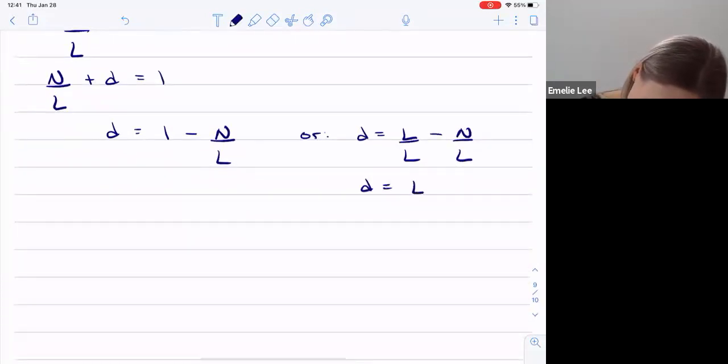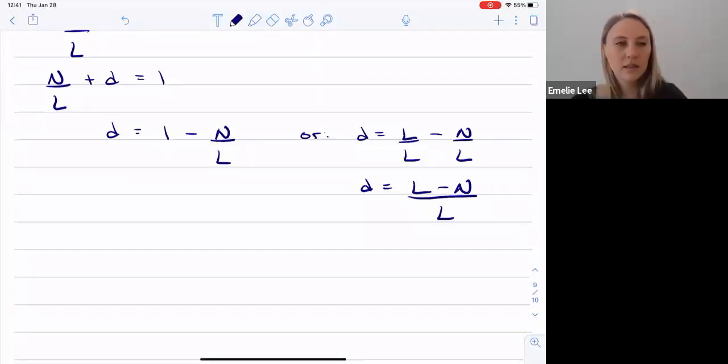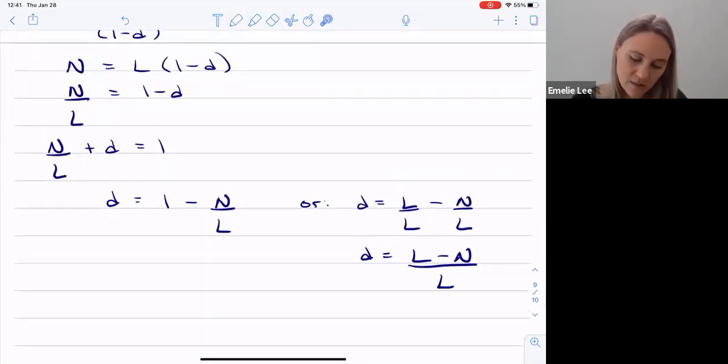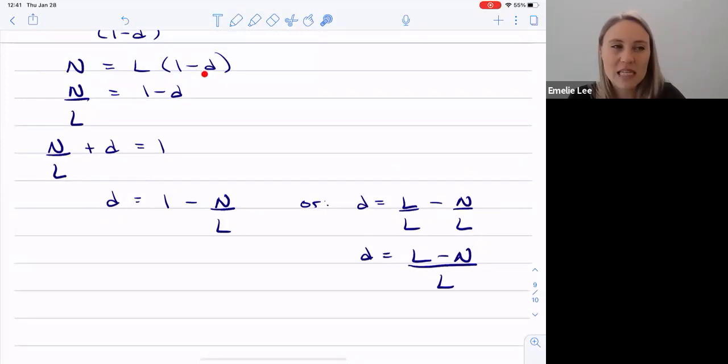So D is L minus N over L. But the key is that you need to break out the 1 minus D on its own, and then you'll be able to isolate the D, making sure you keep that 1 there.